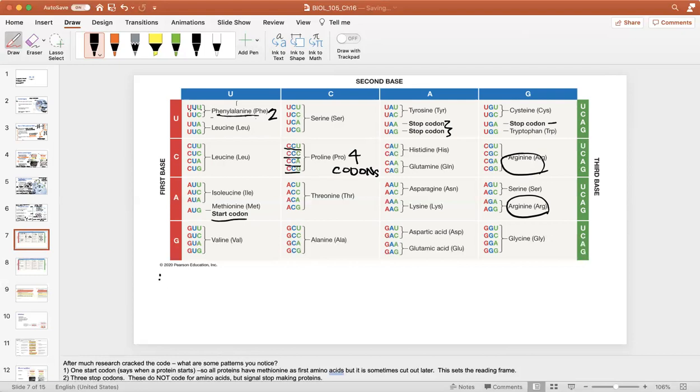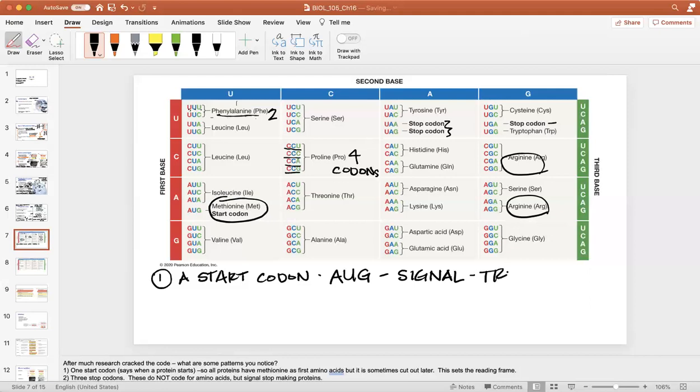First of all, I want you to notice that we have something called a start codon. That start codon is right here, and it also corresponds to the amino acid methionine. So the start codon is AUG. What do I mean by start codon? This is the genetic signal to start translating into amino acids.